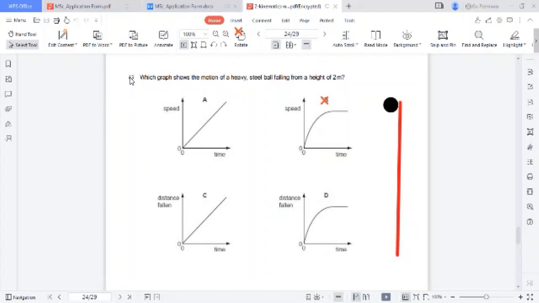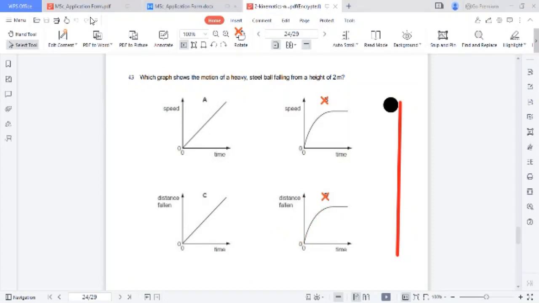And this portion of the graph, if you observe, it's okay till here, but after this point it says that the object would be in a state of rest. That makes it wrong. So I'm going to cross this one.